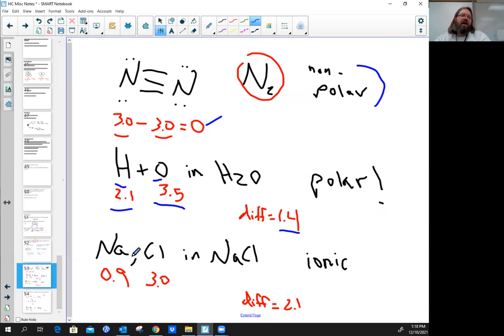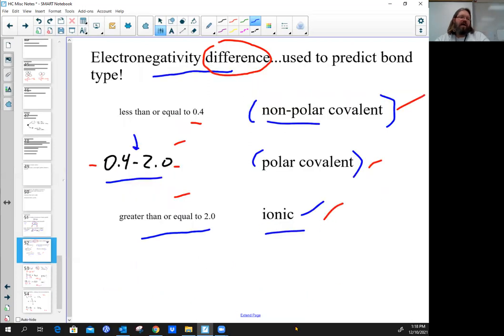And then again, last example here, sodium and chlorine. If I were to form a bond between sodium and chlorine, what kind of bond would it be? The electronegativity for sodium is 0.9. Again, that's right off the chart. I'm not going to show it here, you guys could look it up. And for chlorine, it's 3.0, right? Again, right off the chart. Okay. 3.0 minus 0.9 has a difference of 2.1. So that puts us in the ionic section, right?